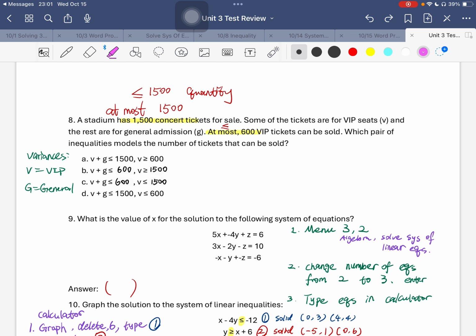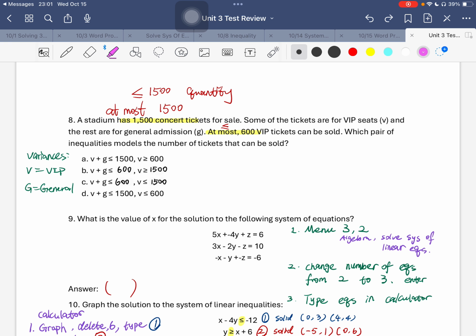Now let's look at the second inequality keyword, which is at most, and we know it's less than and equal to. 600 VIP tickets can be sold. Okay, now first let's look at our variables. My variables are V for VIP, G for general.